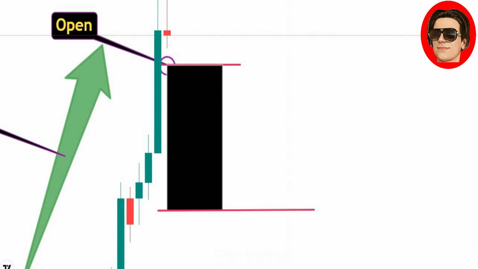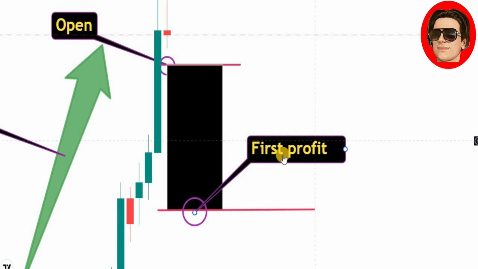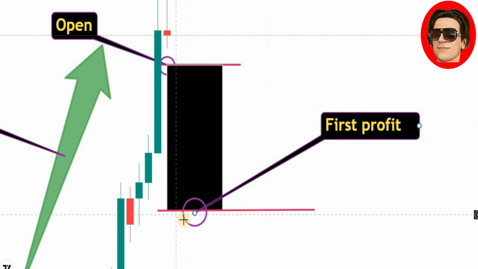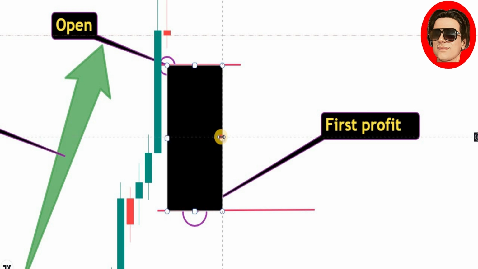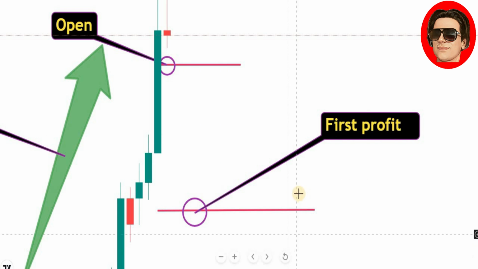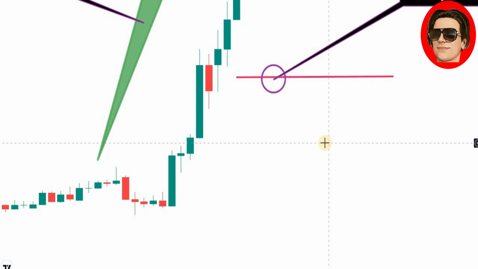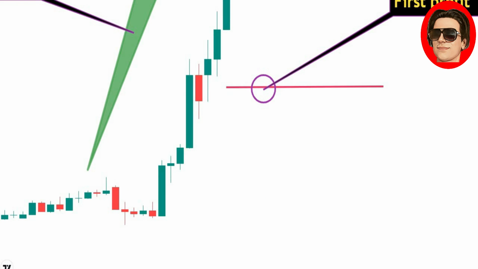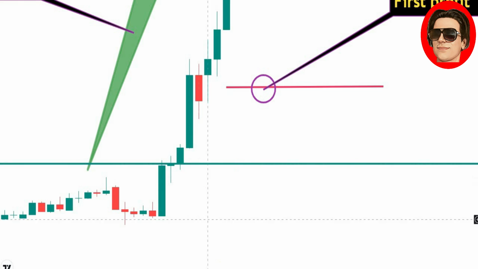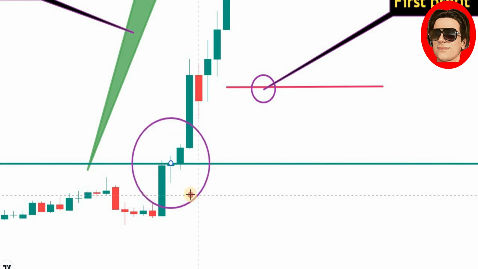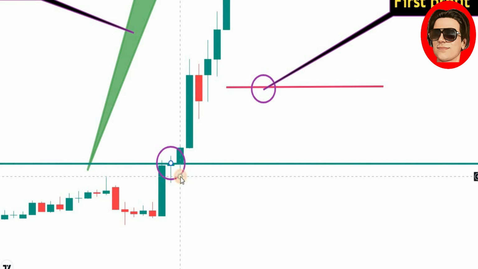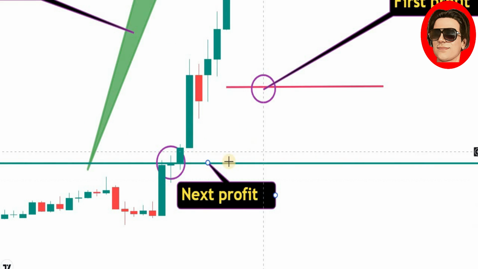This point is the first TP, 1 TP, 1 profit. First profit. Two profit is this point. This point is 2 profit.